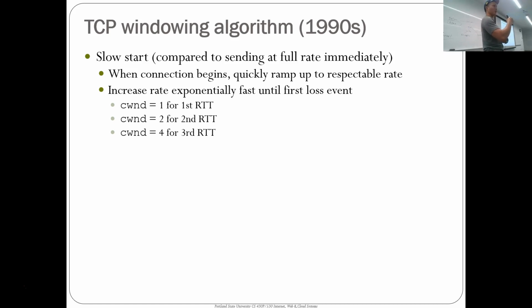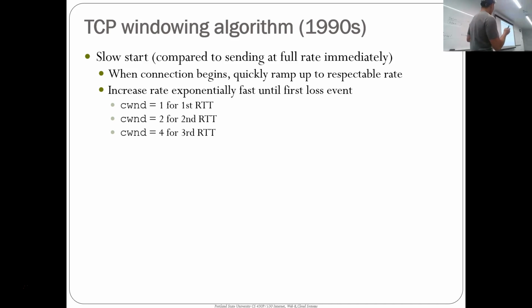So you're like, that's not slow at all. In computer science, that's anything but slow, exponential speed up. But this is slow compared to what TCP used to do. TCP used to just burst out the entire window size as soon as it could. So if your window was 100, it would just send 100 packets immediately when it could.